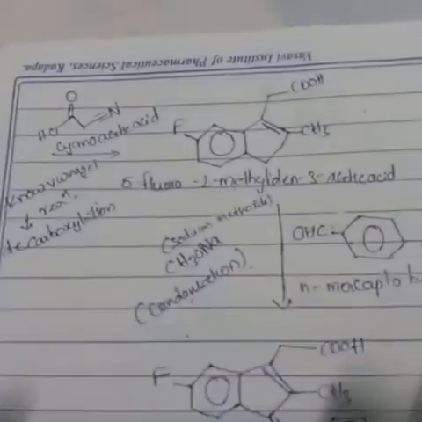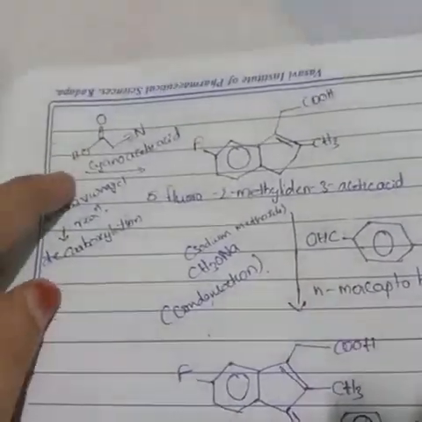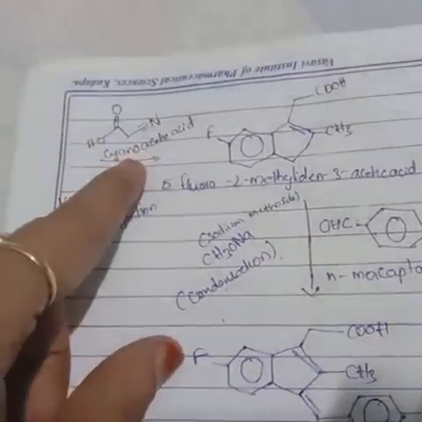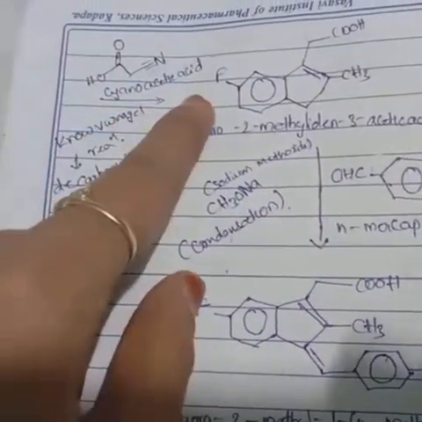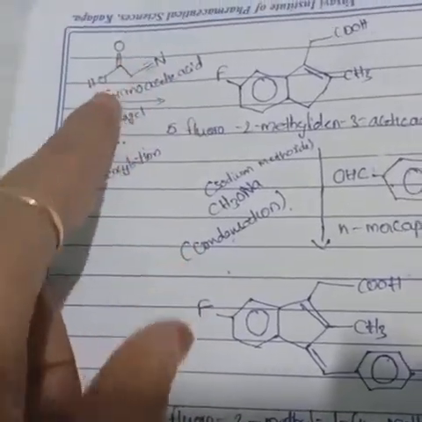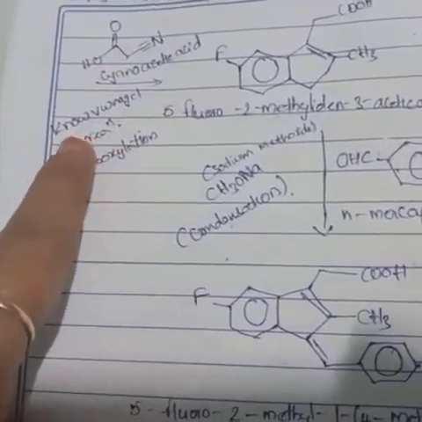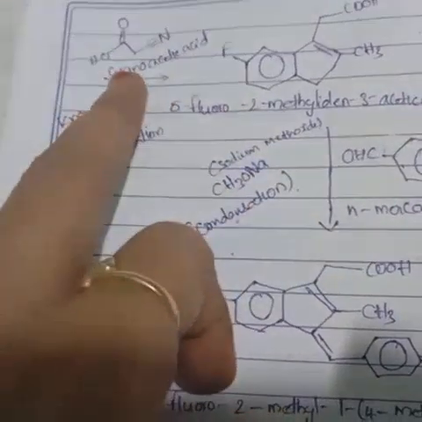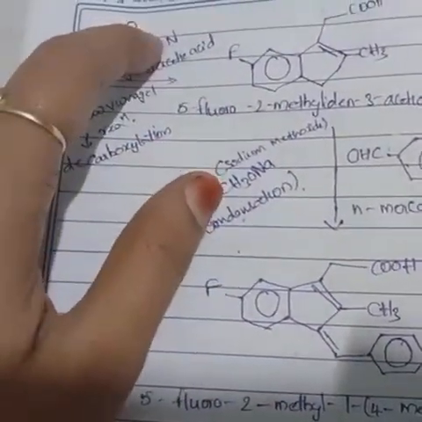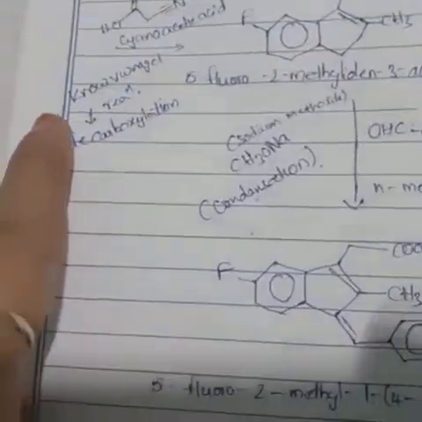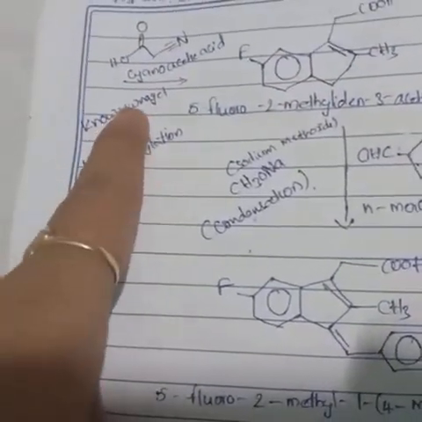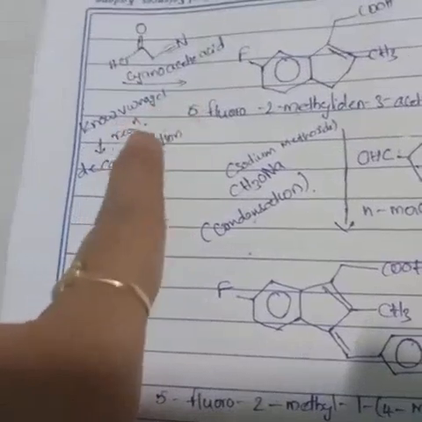Next, see here, cyclization has happened there, and here cyanoacetic acid. With this cyanoacetic acid, it undergoes a reaction to give another intermediate. The reaction is known as Knoevenagel reaction.